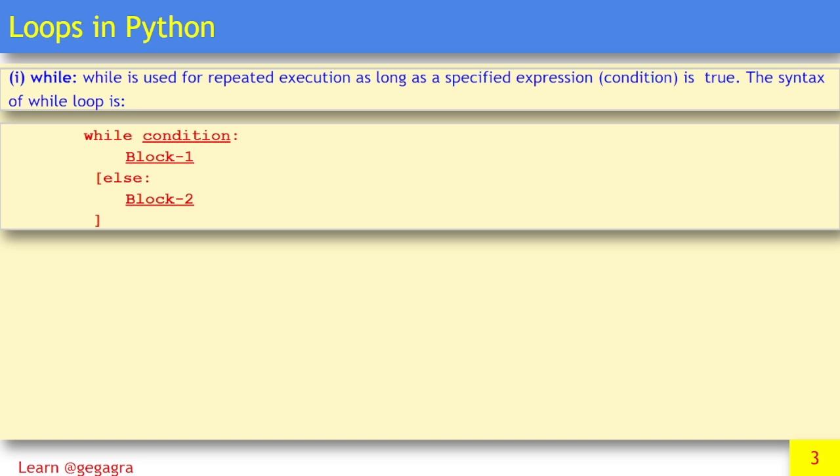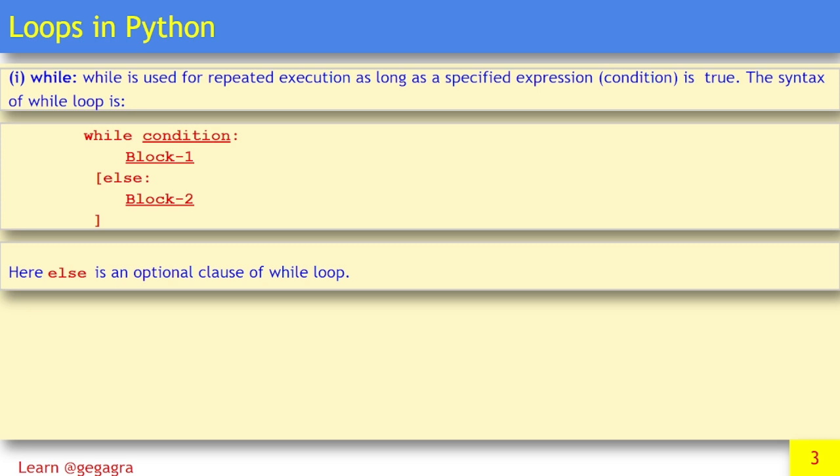It means block 2 is executed only when the condition taken is false. I want to tell you that the else part in this syntax is optional. So if you omit this part in while, there is no error at all.